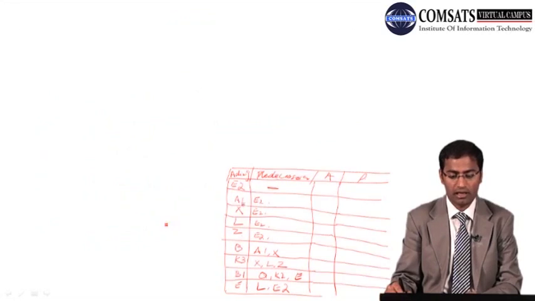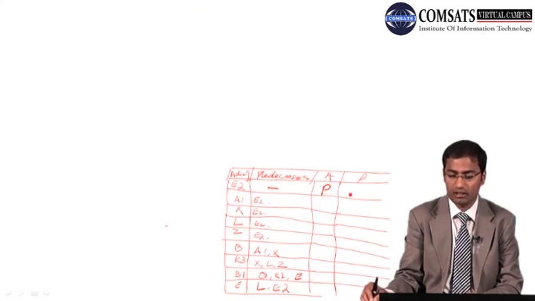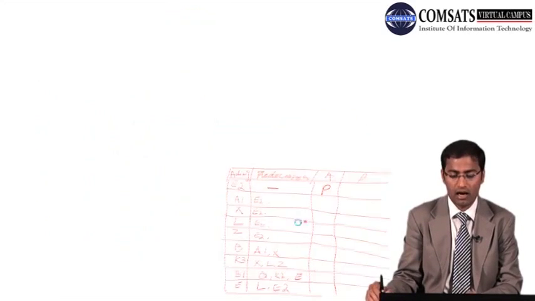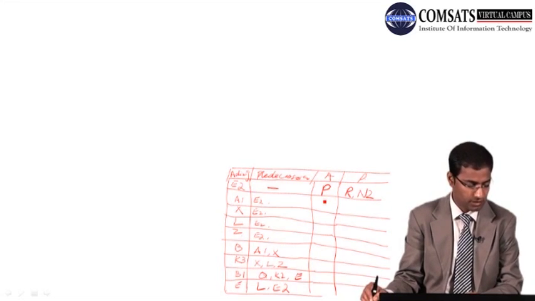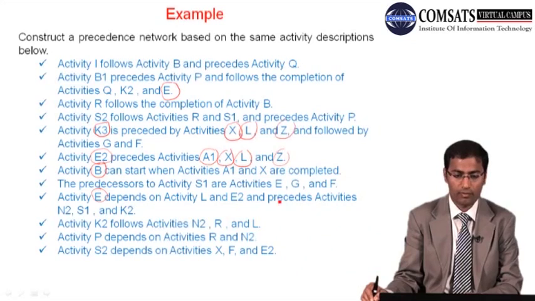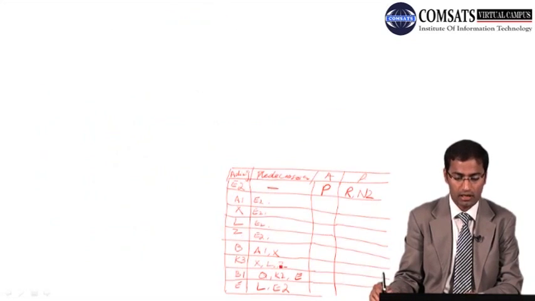So activity P, let's write activity P, and that is dependent on R and N2. Activity P has been drawn. So activity P depends on activity R and N2.